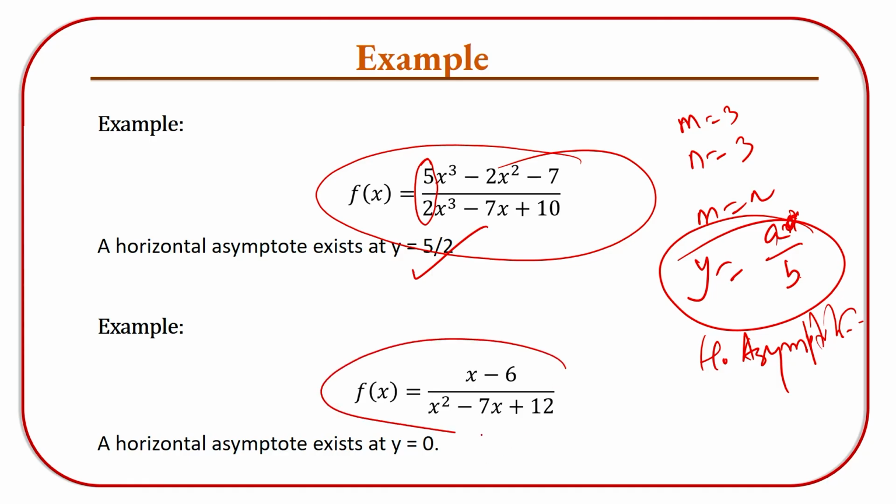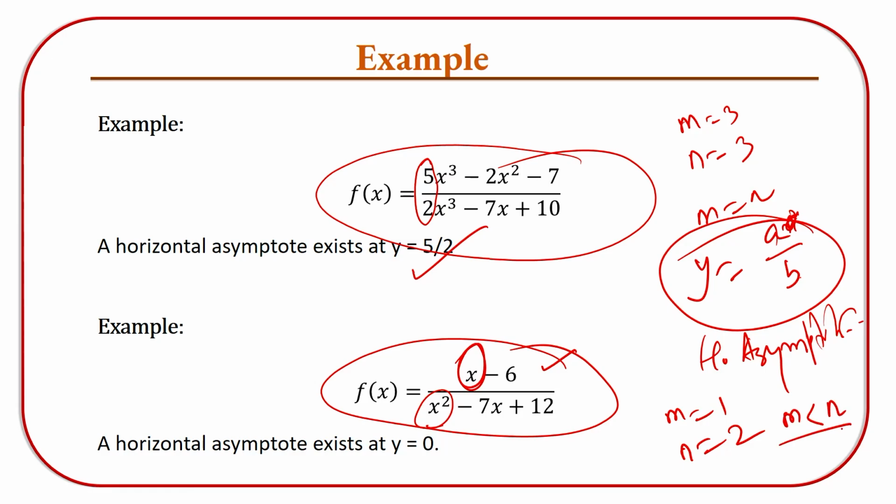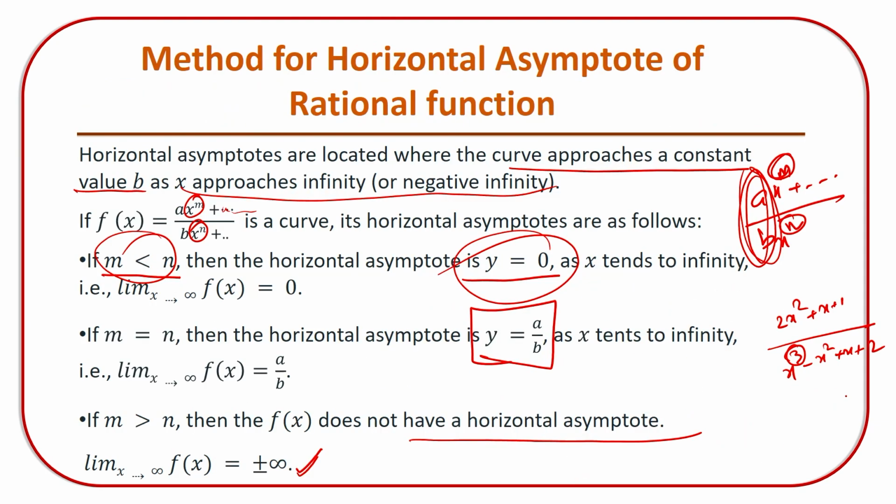Now, look at example 3. This says x minus 6 divided by x square minus 7x plus 1. How much is m here? m equals 1, and how much is n here? n equals 2. So, here m is less than n, and in that case you already have the result, right.